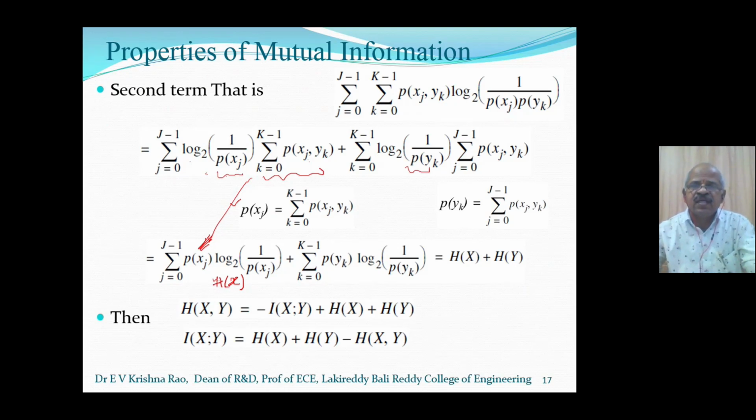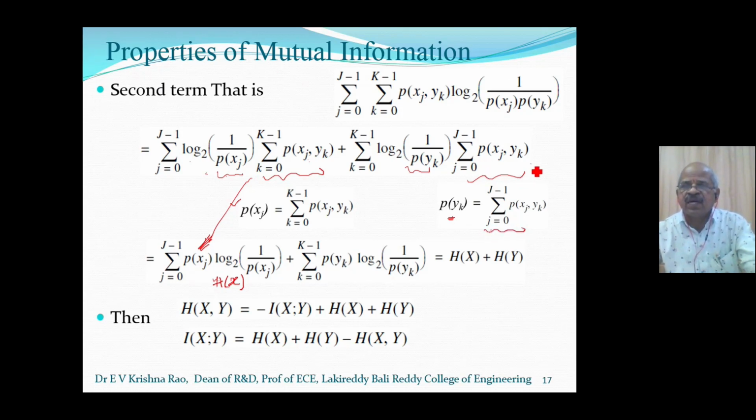Similarly, this term is the summation over k of the logarithm base 2 of 1 by p of yk, and the rest of the term is the summation over j equal to 0 to J minus 1 of the joint probability, the sum of all joint probabilities over the whole range of j for every given yk. That gives p of yk.